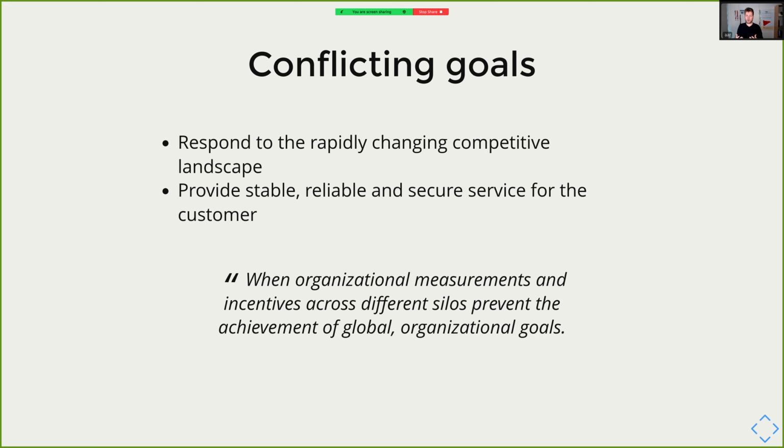And this is the core chronic conflict according to Dr. Goldratt, when organizational measurements and incentives across different silos prevent the achievement of global organizational goals. And this conflict creates a downward spiral which prevents the achievement of desired business goals both inside and outside the IT organization.